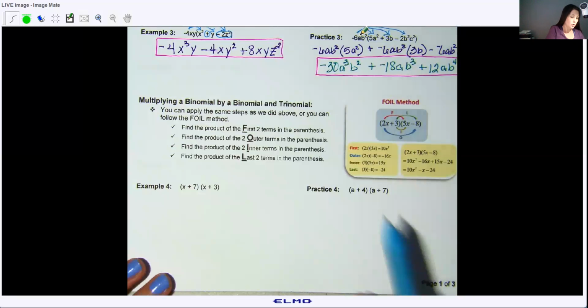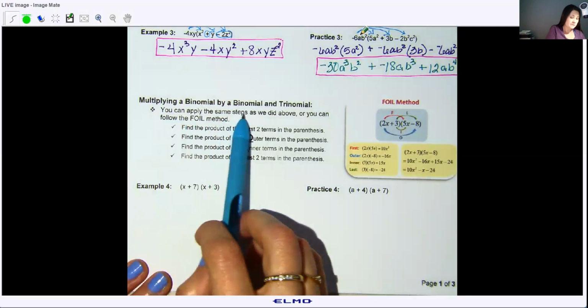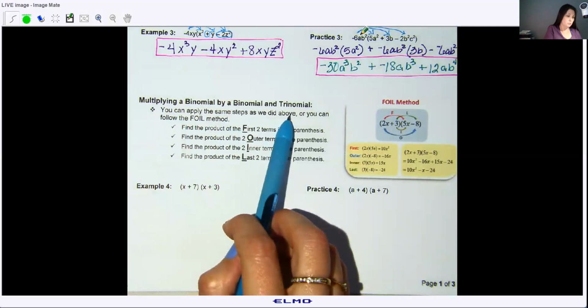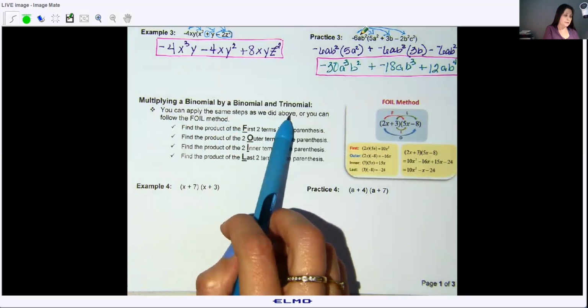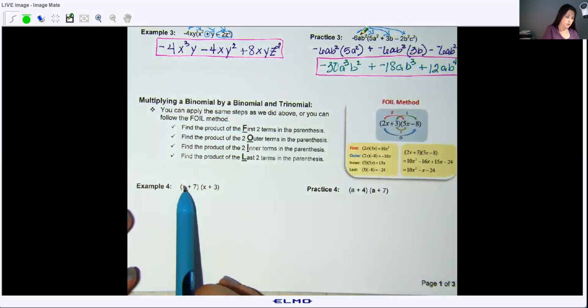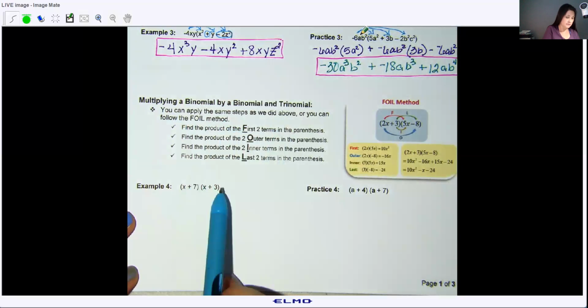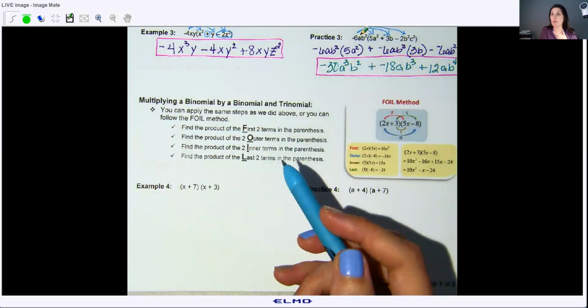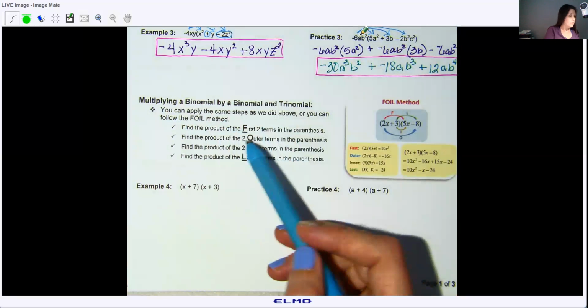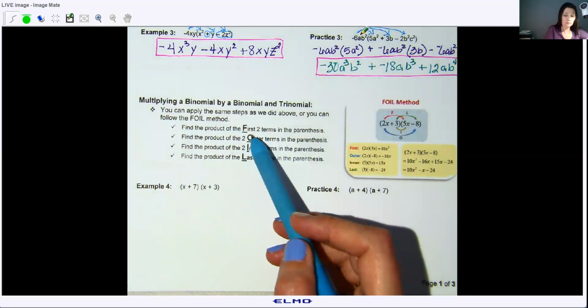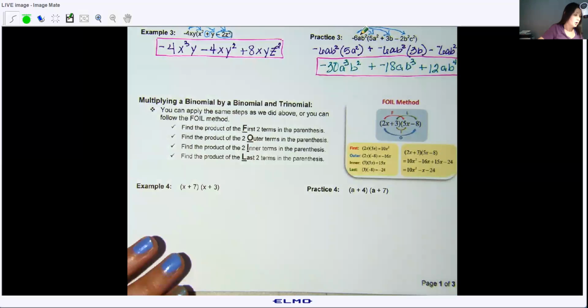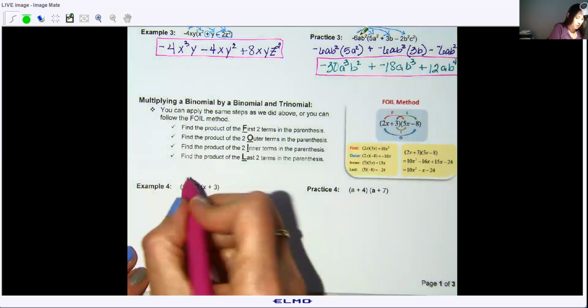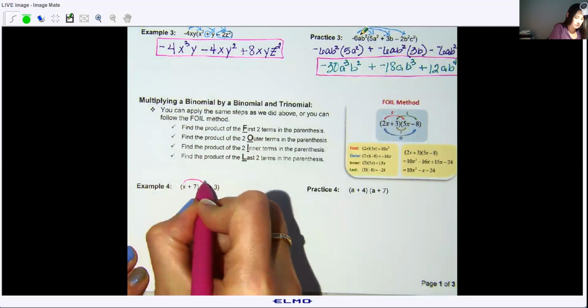Okay, so you can apply the same steps as we did above, which is you multiply the first term times this, the first term times that, and then the second and the second, or you can follow the FOIL method.